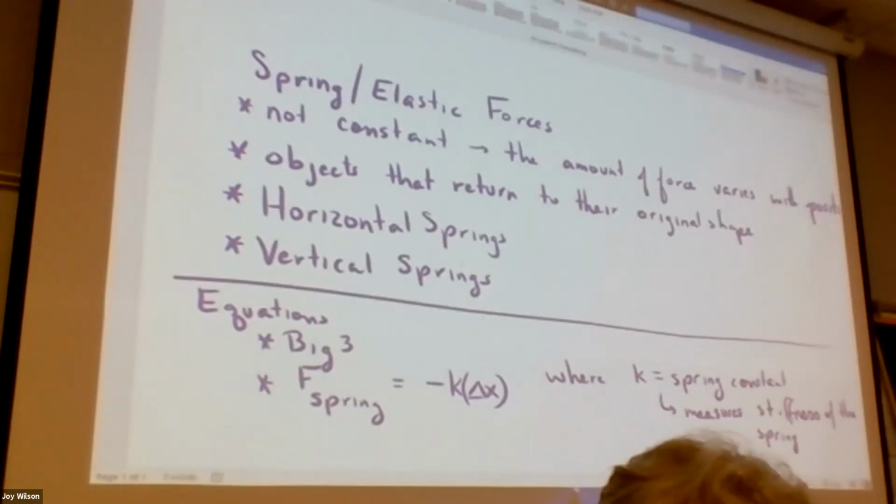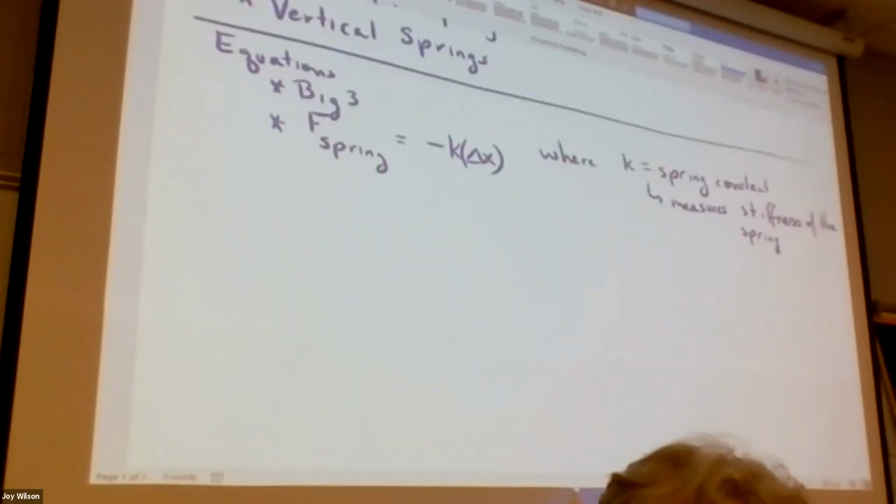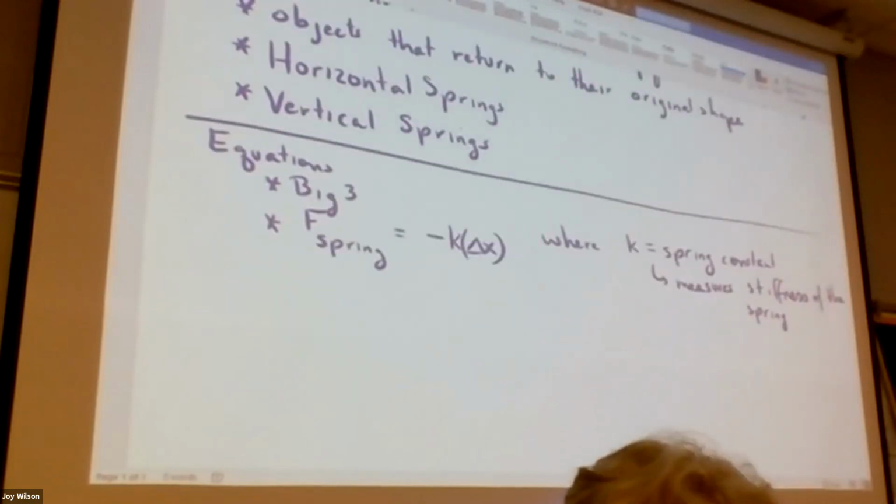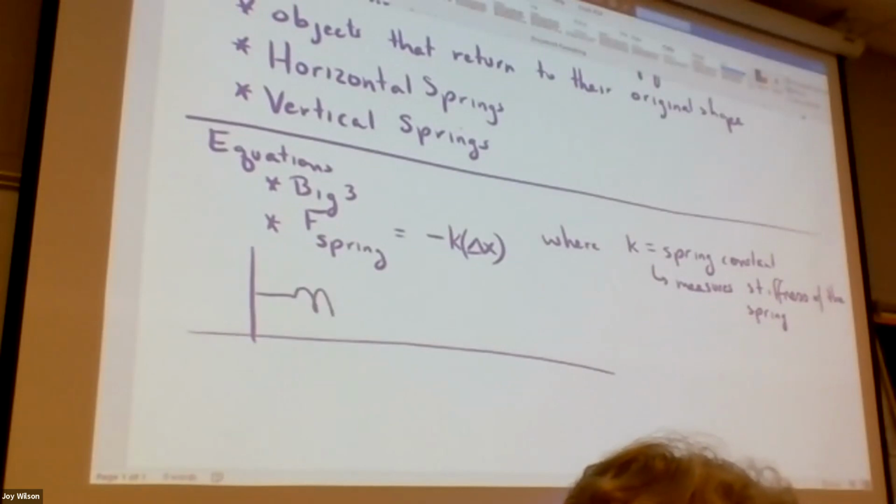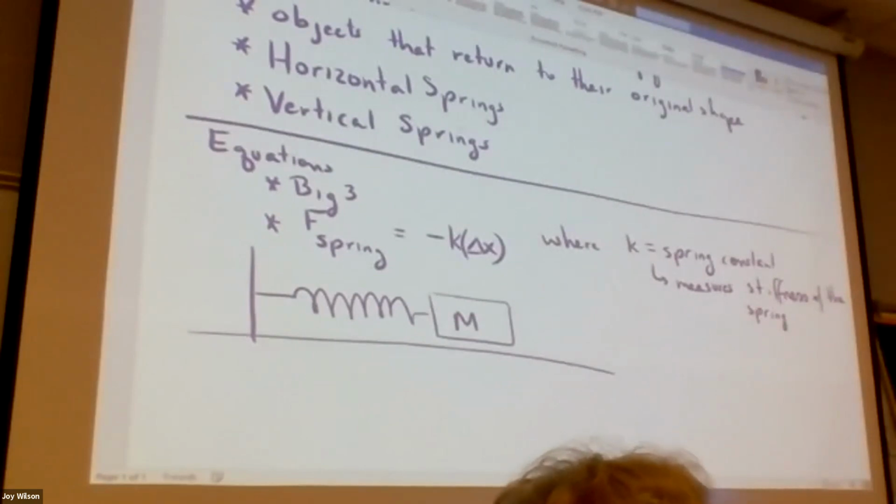Let's scroll it up just a little bit. Okay, so just to get some terminology for ourselves today.